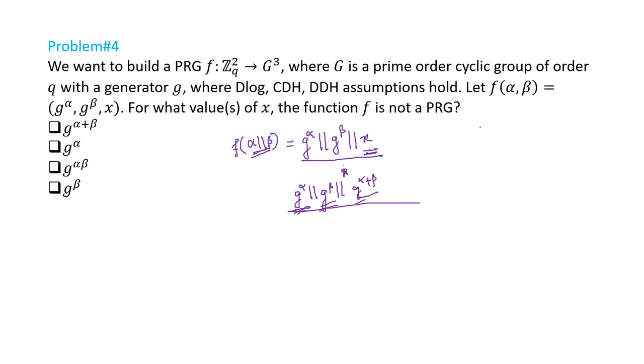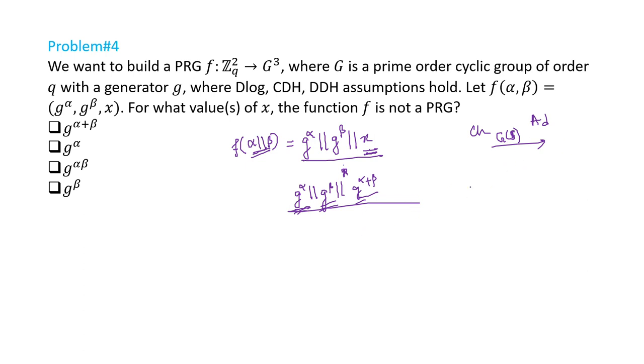How? First component you can see, second component you can see, third component you can see. Remember the game of PRG: the challenger just outputs g of s to the adversary. The adversary somehow has to exploit the format of the output string to distinguish between g of s and a truly random string. What can the adversary do in this case?